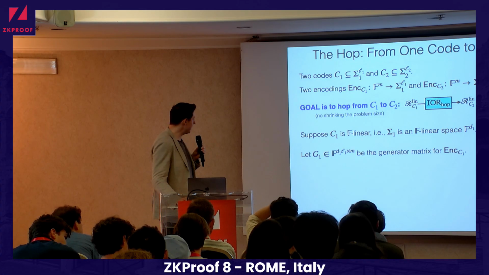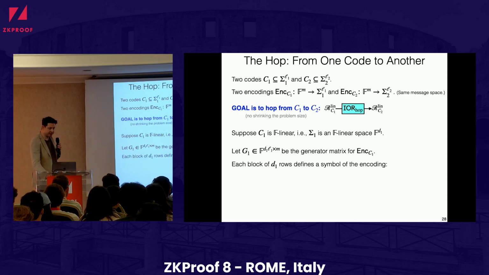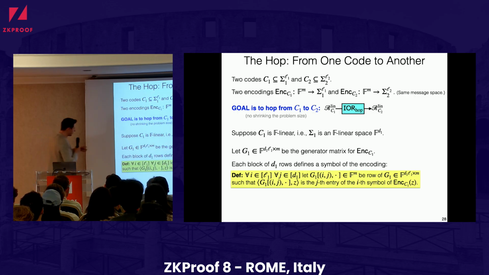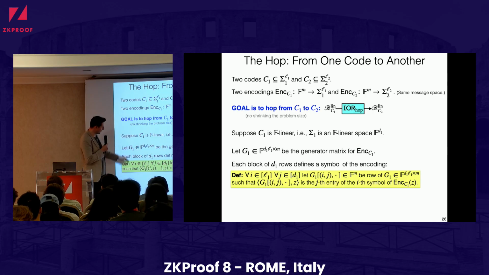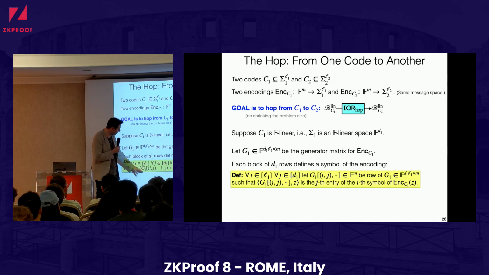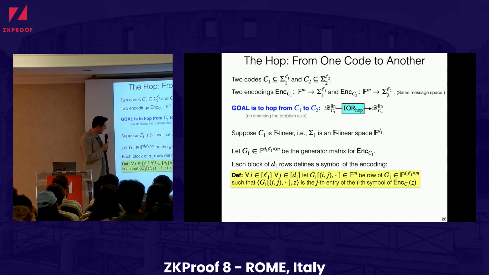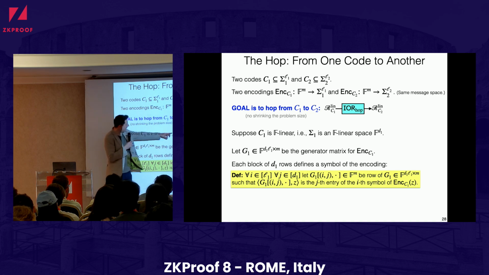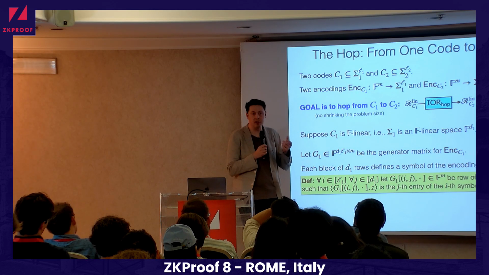By virtue of being linear, we can write down a generator matrix for its encoding. I'm going to need some notation to talk about its rows. Each symbol of the encoding of a message is a specific inner product between a row of the matrix and the message. That's what it means to be a linear code. But also remember that because we may have large alphabet symbols, each symbol may contain D1 field elements.